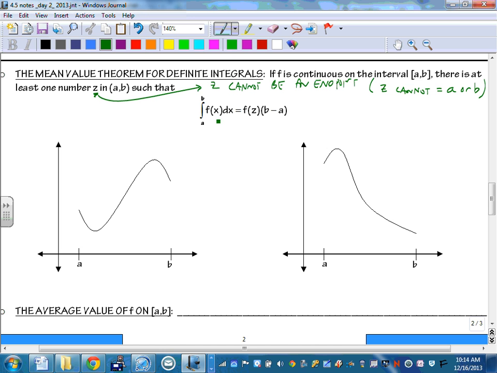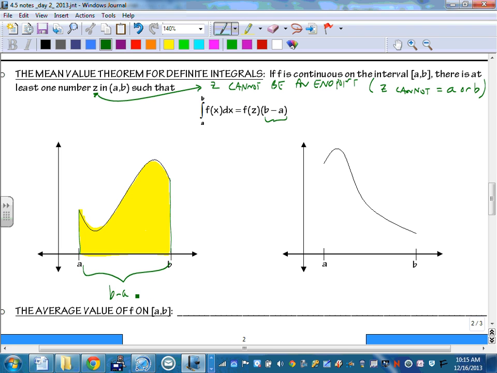So the left side, definite integral from a to b, that just means the area under this curve. Right, so we're looking at the area under this curve. And it says it's equal to f of z times b minus a. Well, b minus a, that would be right here, right?